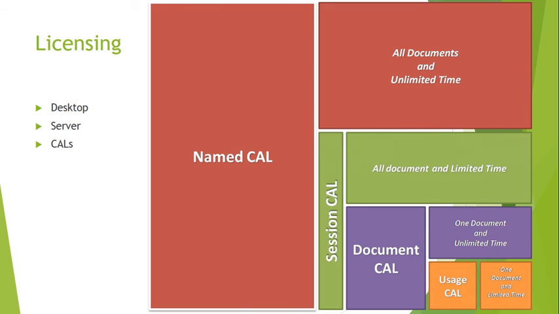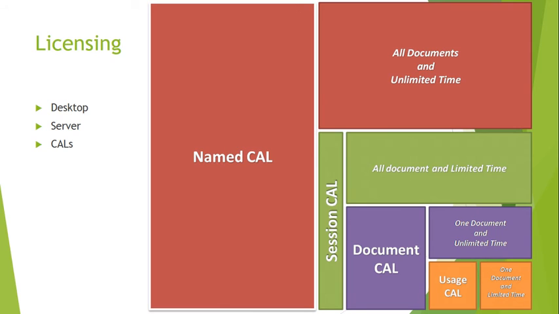And coming to the server, the server is available combined with the publisher, but you have to purchase a license differently for both server and publisher. If you are buying a server, you'll get some cals along with that server license as well.